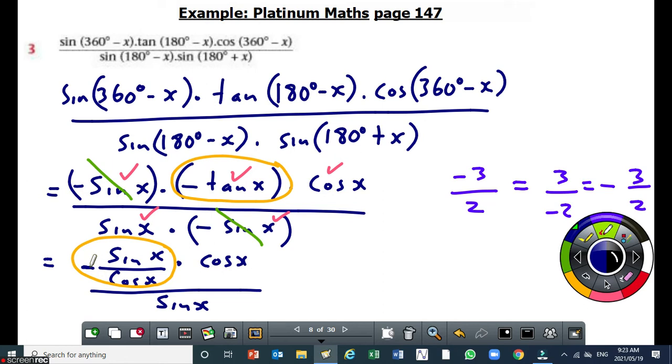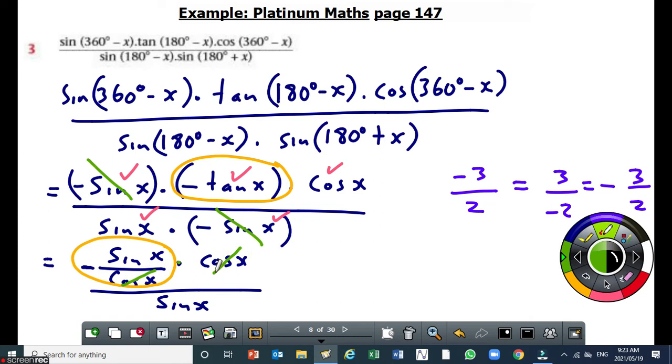From here now, the knowledge of algebra is required. I'm going to forget about the division line and simplify my numerator. I'm sure you can all agree that because of multiplication here, I can cancel out this cos x and that cos x.